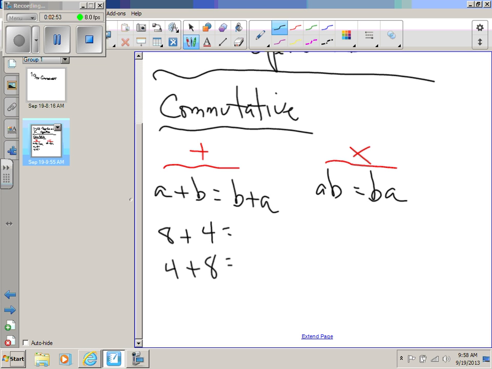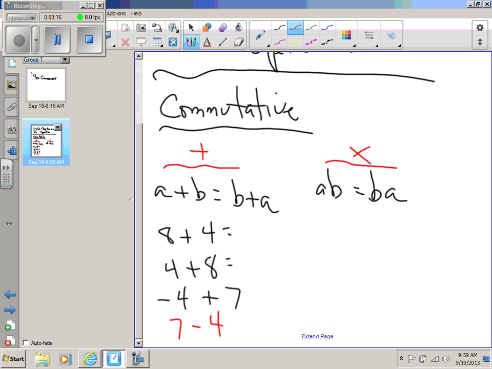But where else it comes in handy is if we had a negative 4 plus a 7. If I wanted to use the commutative property, how could I rearrange things there so maybe it says something a little more clear? Yeah? Let's just say that.